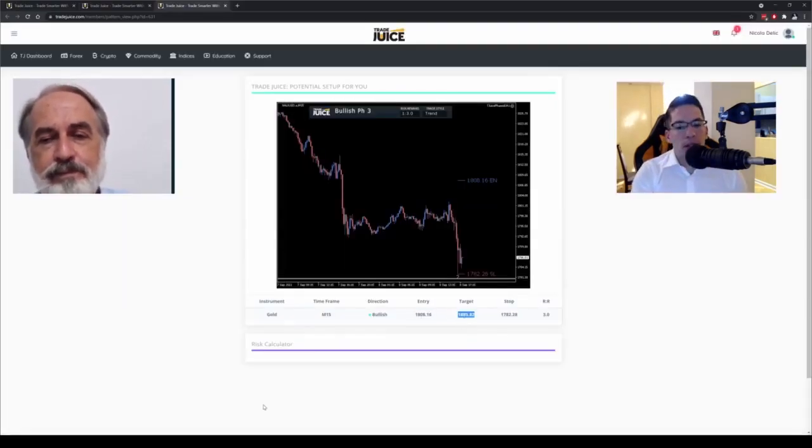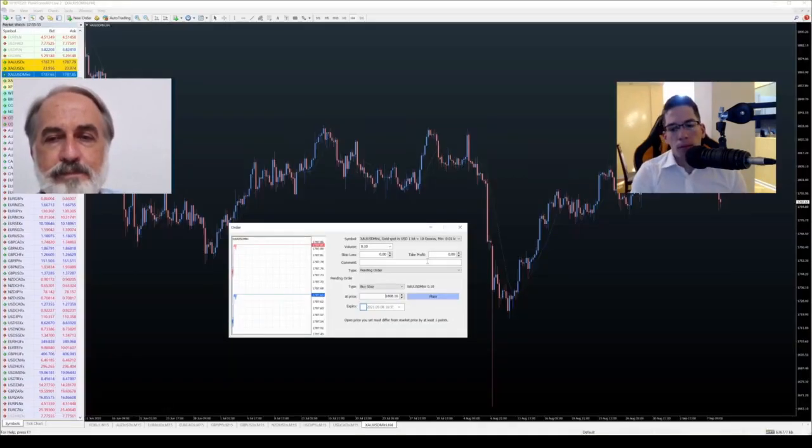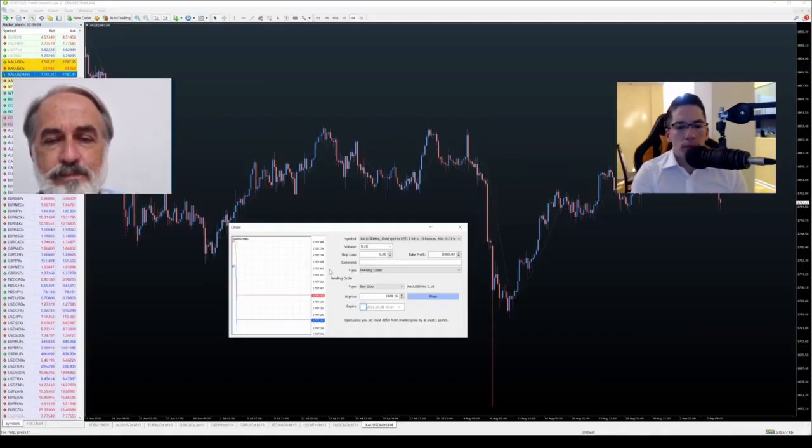After that, we are just going to copy the target price. Copying to take profit, and finally the stop loss. And you can place the trade, or you can go here in expiry, put expiry 2-3 hours, just because you're always going to have more trades.